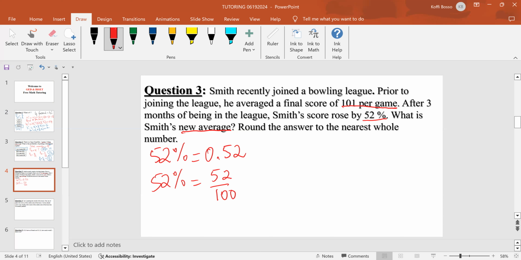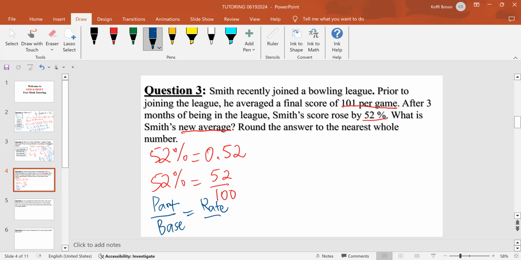Well, we can cross multiply, right? If you want to use the formula, part over base is equal to rate.